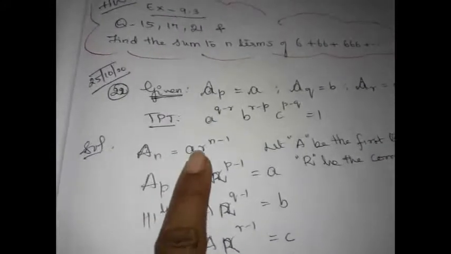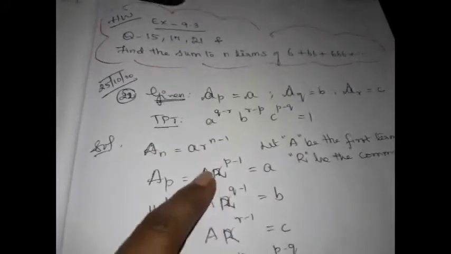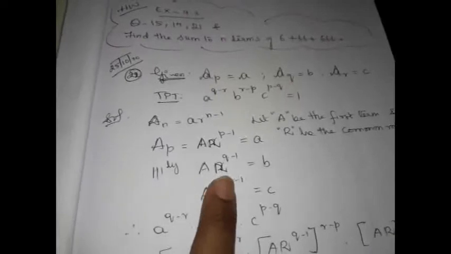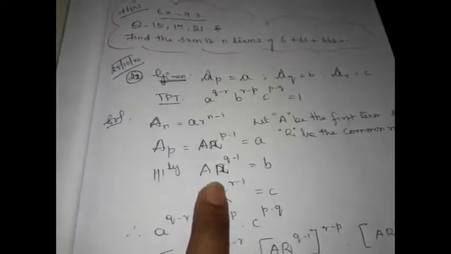So what is the AN formula? AR power n minus 1. In this, the first term is capital A and the common ratio is capital R. So AP is going to be AR power P minus 1, which is given as a. Similarly AR power Q minus 1, AQ is going to be b, AR is going to be c.